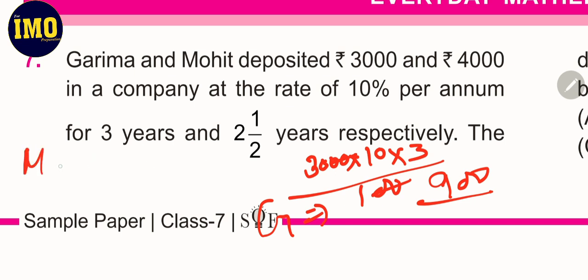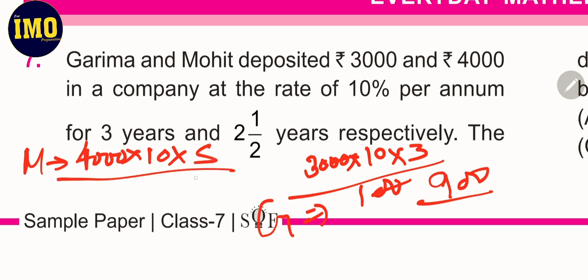Mohit, 4,000 for 10%, and the time is given in mixed fraction, convert into simple. So 2 times 2 plus 1, that is 5 divided by 2, multiplied by 100. So zeros cancel.